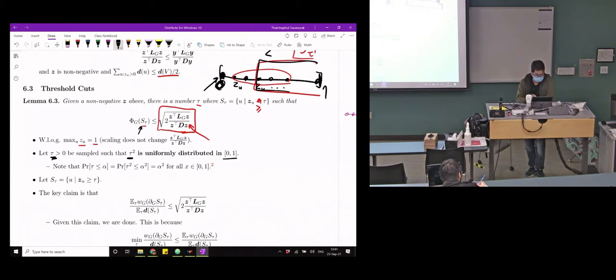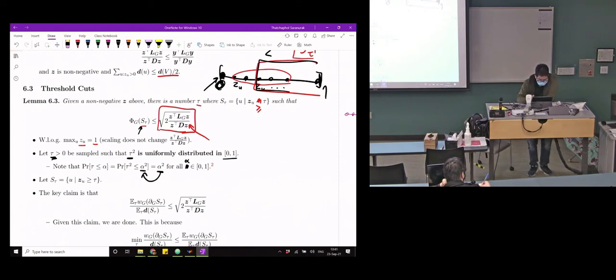What does it mean? It means that the probability that tau square is less than some number is exactly that number.